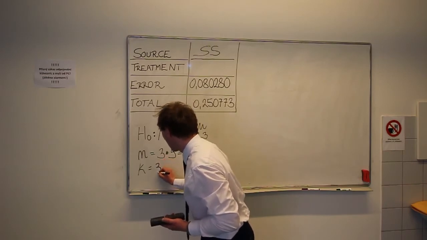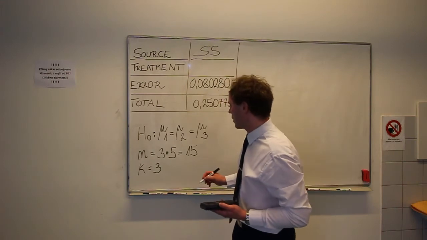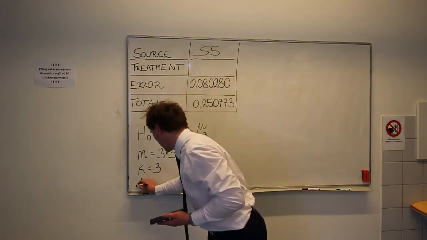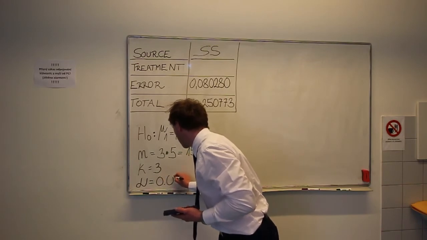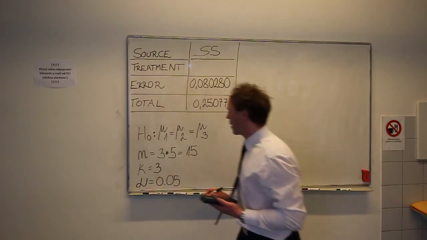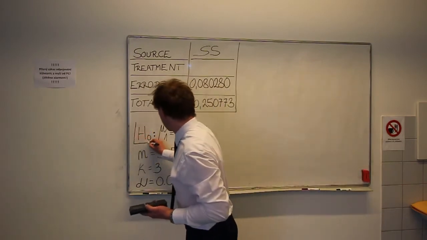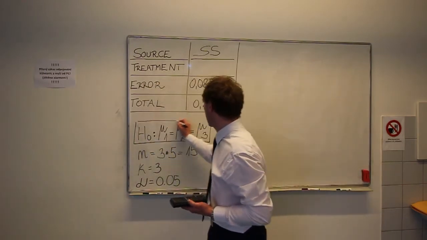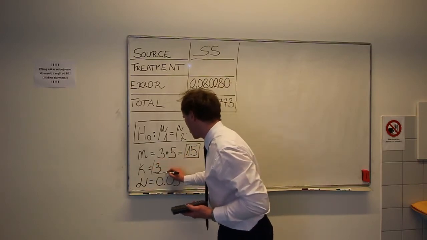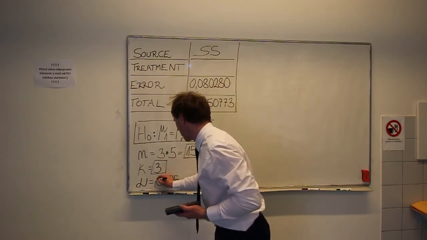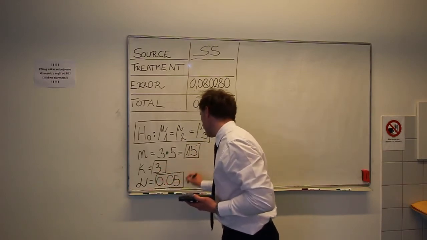And it was written that we should use alpha equal to 0.05, the 5% significance level. This is very important.